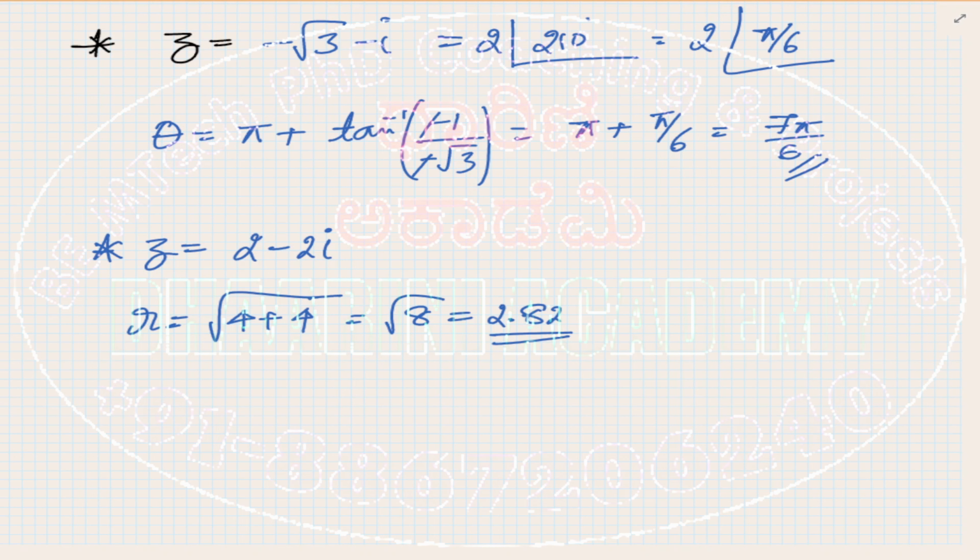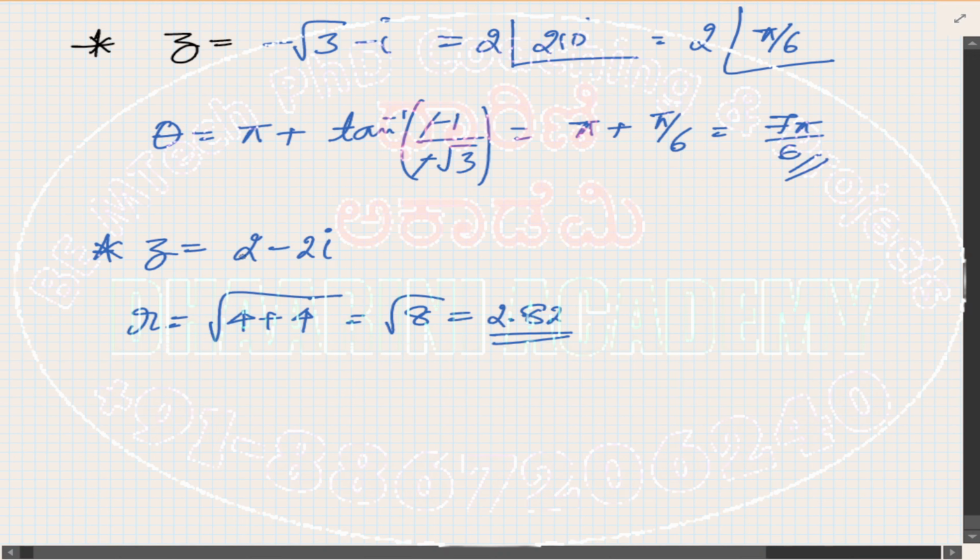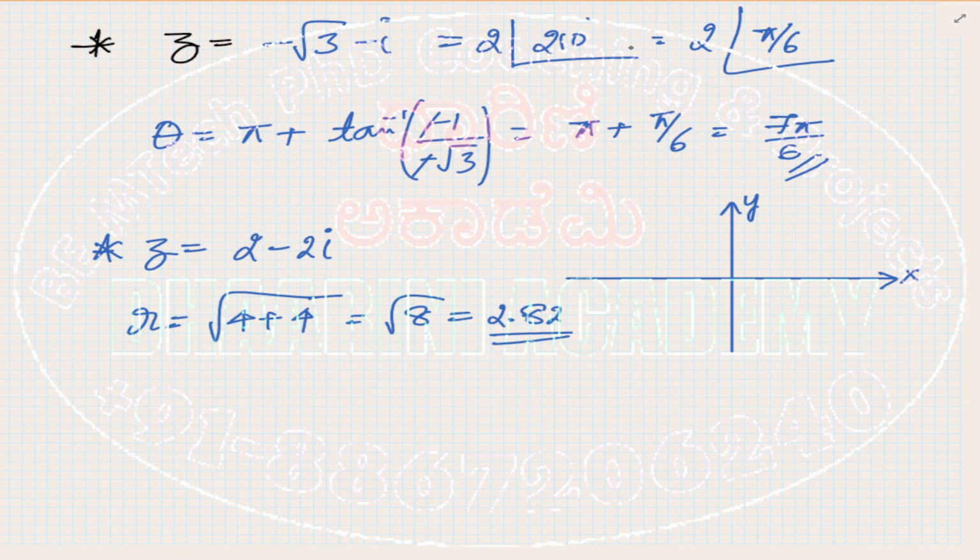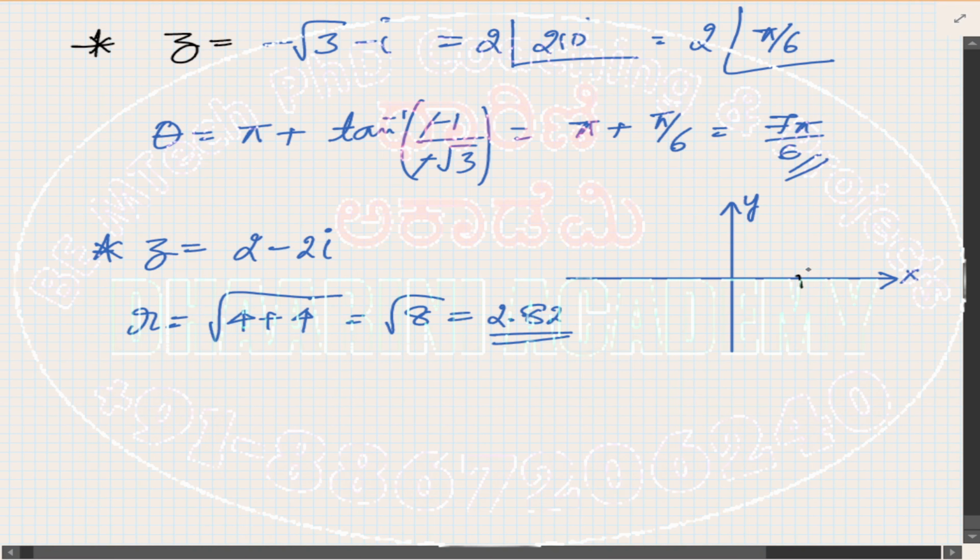Right. Now, in order to calculate theta, we should understand where this number is present. So where is the total number located? When x is positive and y is negative, the coordinate system is actually like this. So this is the x-axis, this is the y-axis. In this case, if you want to measure plus 2 over here, this is minus 2i.